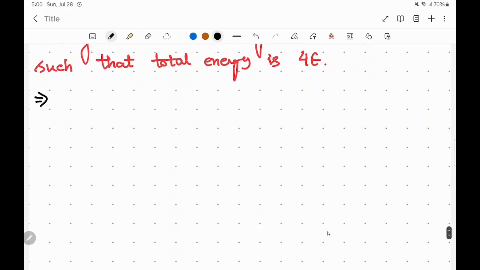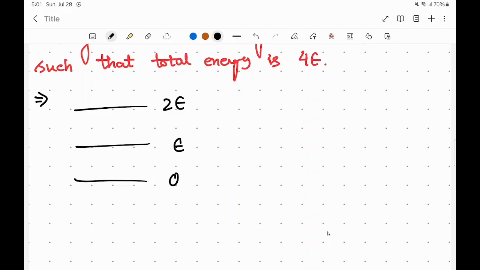It is easy actually. There are three energy levels. The energy of the first level is 0, the next has the energy of epsilon, and this is 2 epsilon. Now you have four particles. You have to arrange those particles such that the total energy should be 4 epsilon.